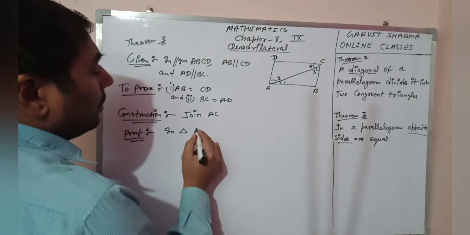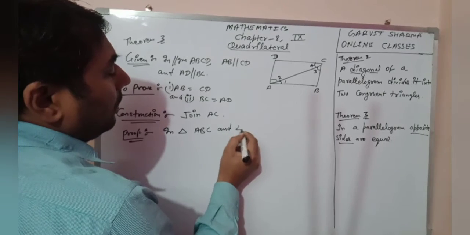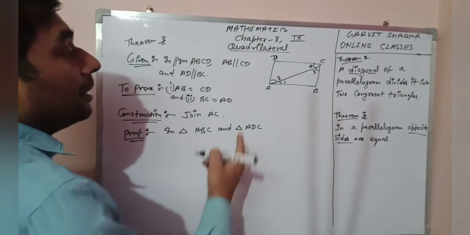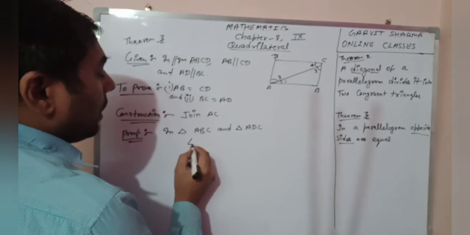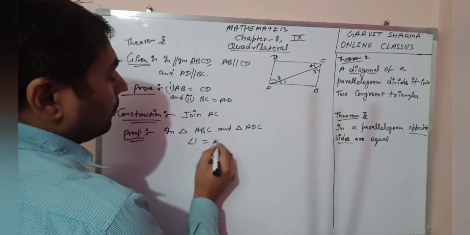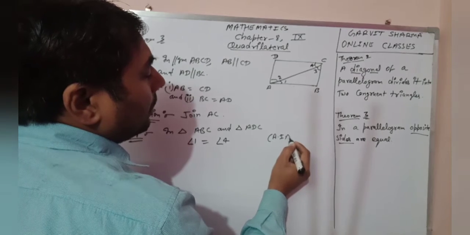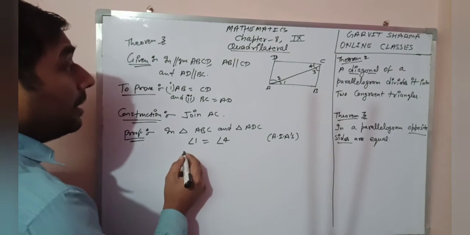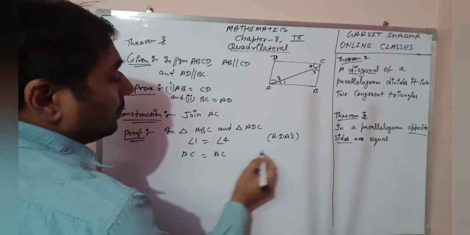In triangle ABC and triangle ADC, angle 1 is equal to angle 4 by alternate interior angles, and AC is equal to AC, which is common.